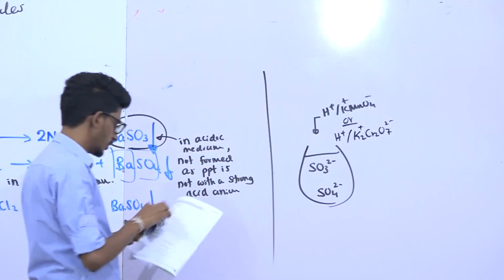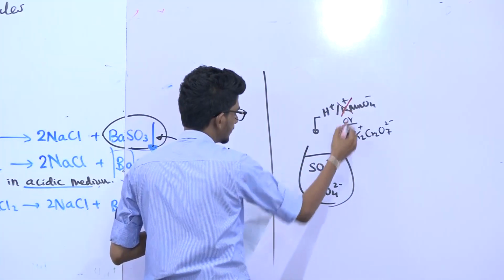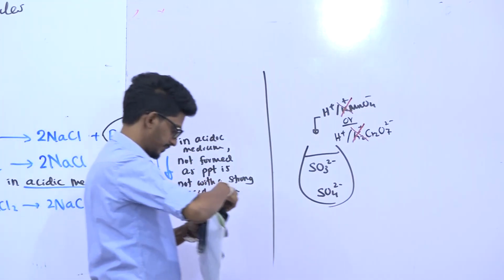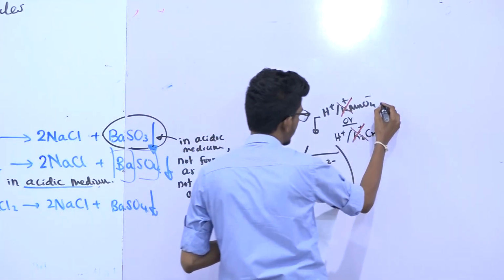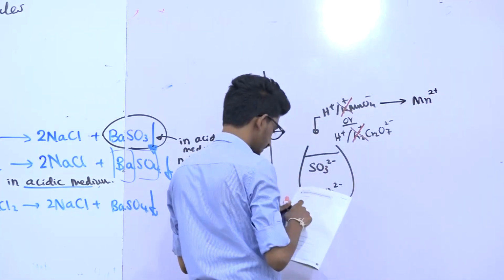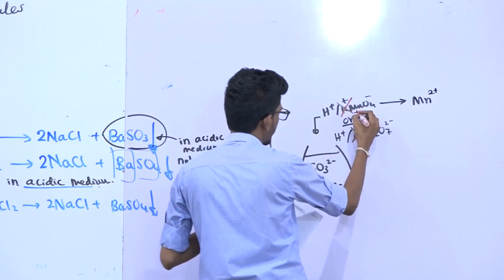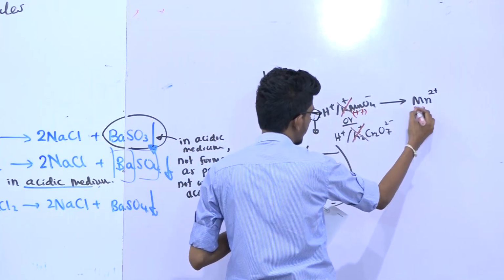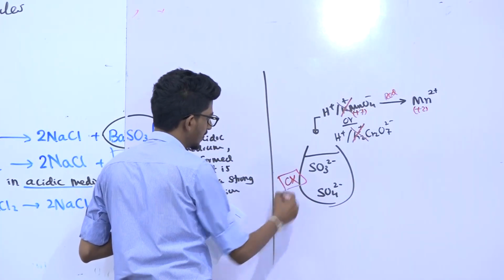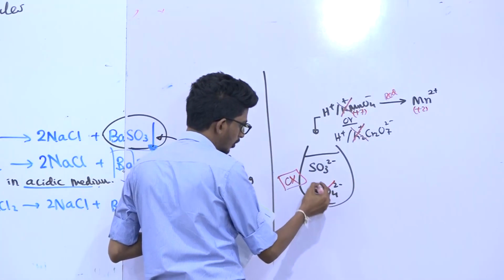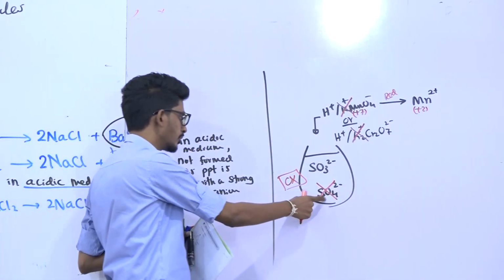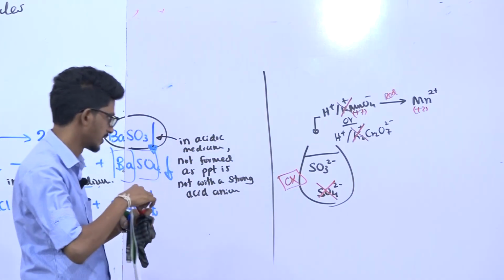K pluses are of no use. If you come up with KMnO4, that gets reduced to Mn2 plus, plus 7 coming to plus 2, it's a reduction. So we are expecting an oxidation here. For oxidation, SO4 2 minus can't get involved because it is at its highest oxidation state. No involvement of SO4 2 minus in redox reactions actually, right?